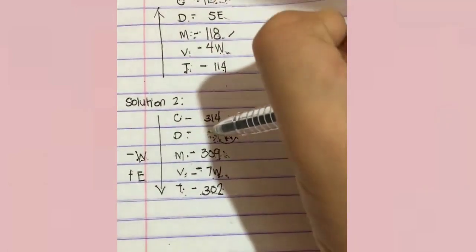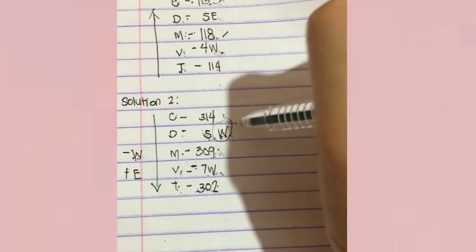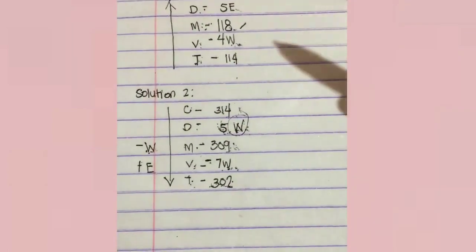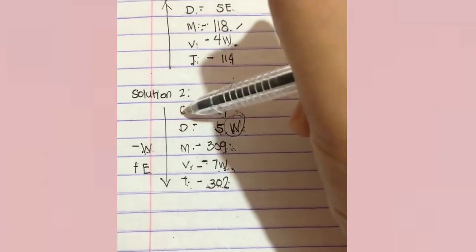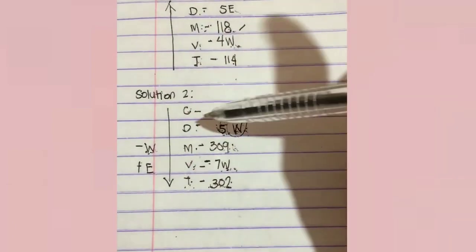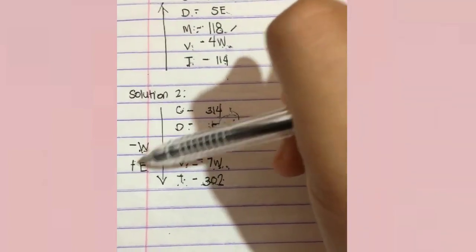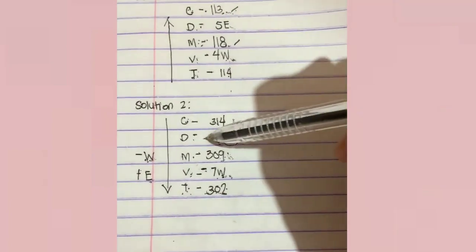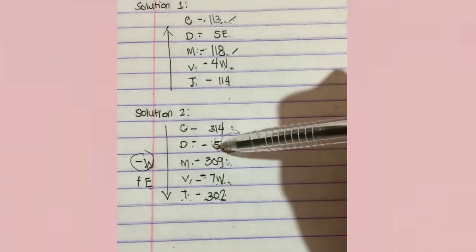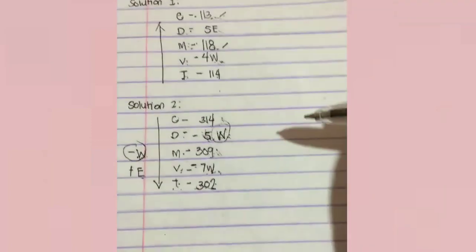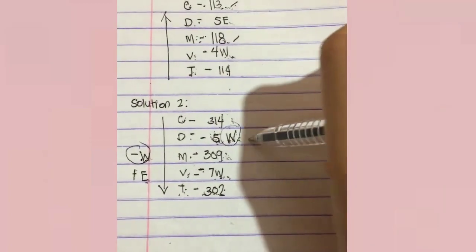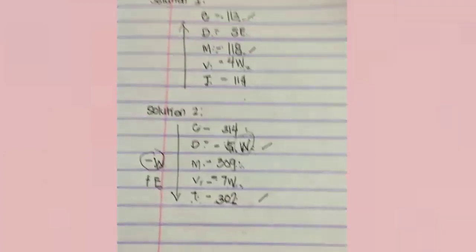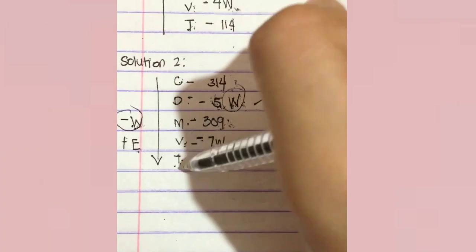We should subtract 5 west. To check if our answer is correct: compass north to true north, subtract west and add east. So 314 minus 5 is 309. Now we already have the value of our deviation and the value of our true north. So that is how to get our deviation and true north.